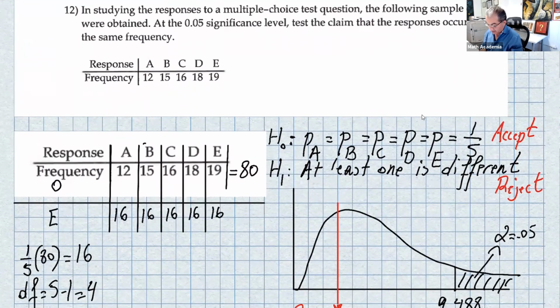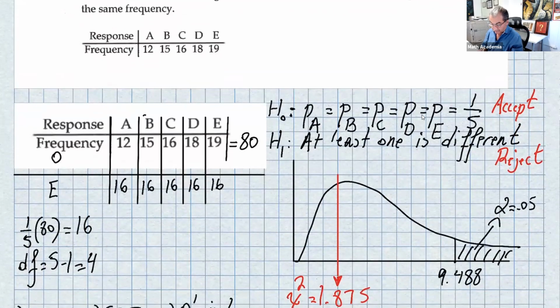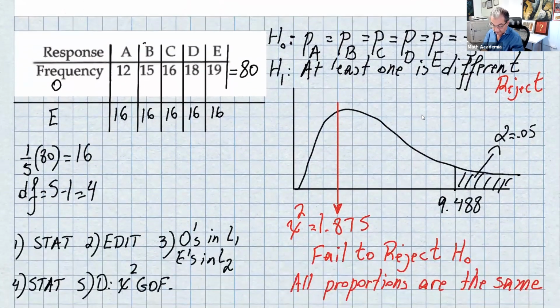So let me just write this: PA equals PB equals PC equals PD equals PE, and that equals 1/5 because we have 5 of them here. And for the alternative, at least one is different. If you want to calculate the expected ones, the sum is 80, so it's going to be 1/5 of 80 for each of them. So it's 16 here for all of them. And I put that here.